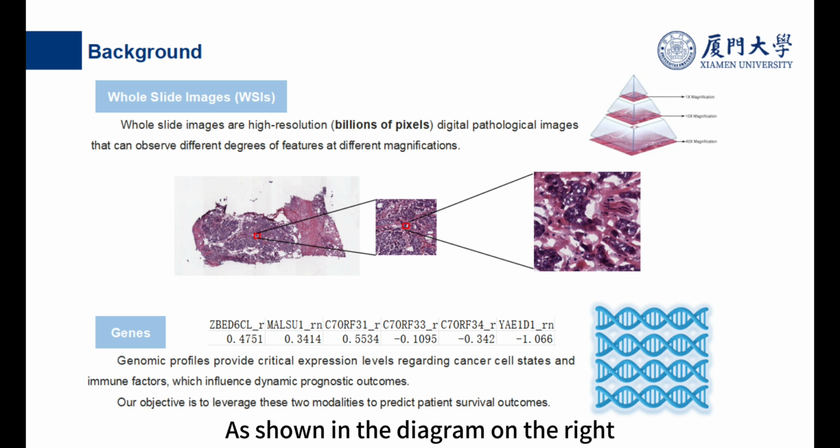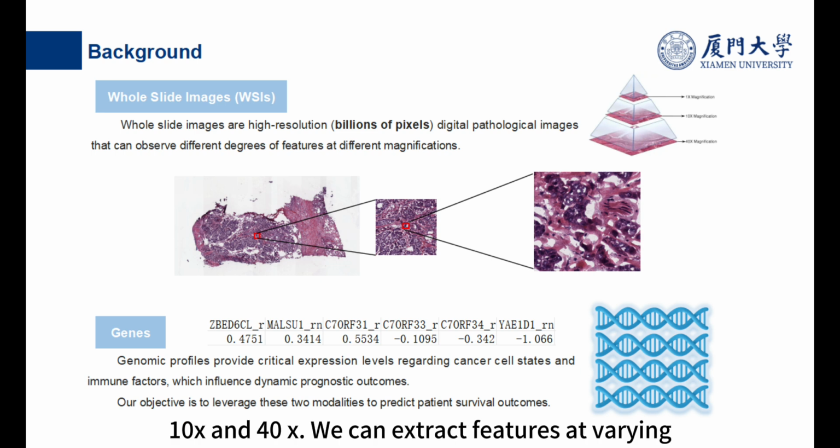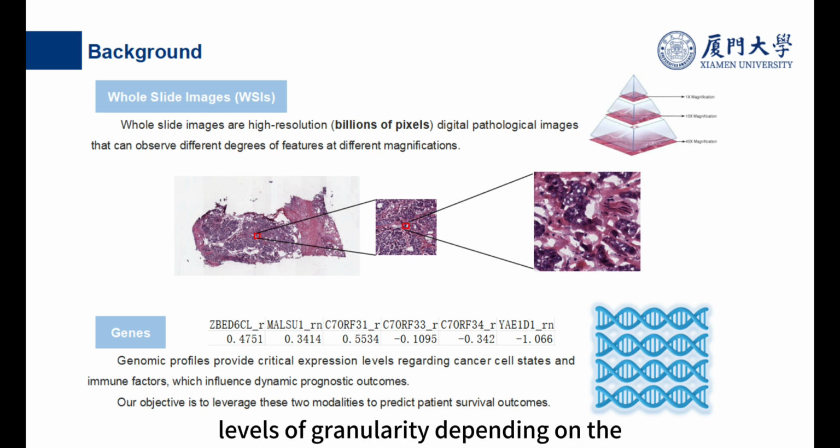As shown in the diagram on the right, WSIs have a hierarchical structure, with magnifications like 1x, 10x, and 40x. We can extract features at varying levels of granularity depending on the magnification. The figure below illustrates a concrete example of this.